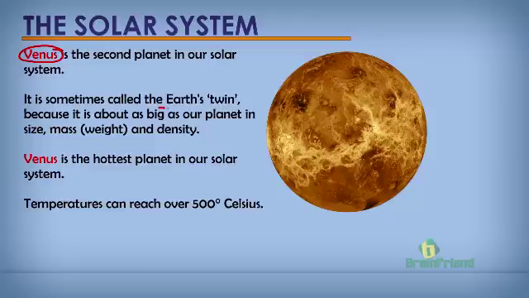It is known as the Earth's twin because of its similarity in size with our planet Earth. They have similar size, mass, and density. It is the hottest planet in our solar system. Temperatures on Venus can go far above 500 degrees Celsius, which is very, very hot.